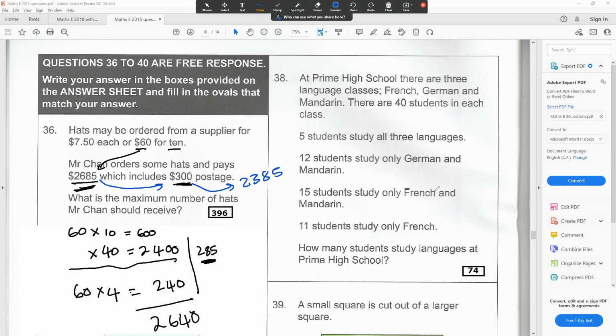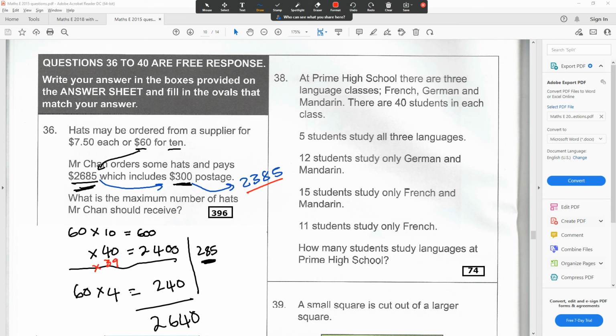So once I minus postage from here, I get 2385 from that. That is going to be the number that I want to get 60 close to. Now I know 60 times 40 is 2400. So 60 times 39 is going to be slightly less, right?